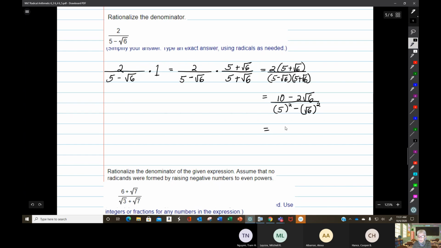So the answer will be 10 minus 2 times the square root of 6 over 25 minus 6, equals 10 minus 2 times the square root of 6 over 19.